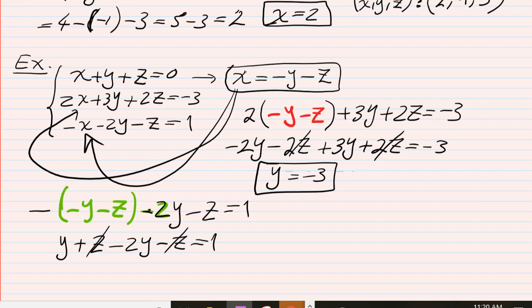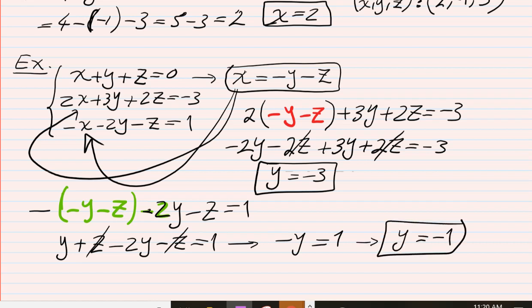Combine like terms, and this will give me negative y is equal to 1, which means y is negative 1. Now check this out. So in this case, we got 2 different solutions actually, right, when we plug them in.